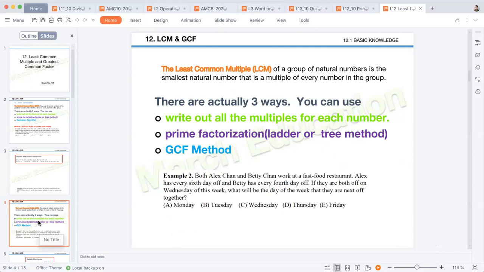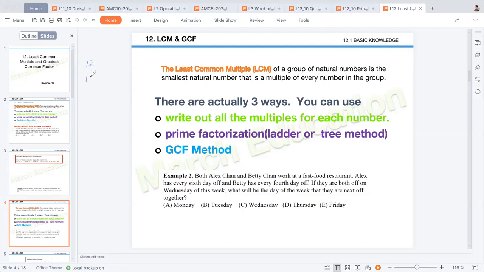So, try example 2, okay? Sorry, I forgot to introduce least common multiple first. The least common multiple is firstly a common multiple, and then the least one.